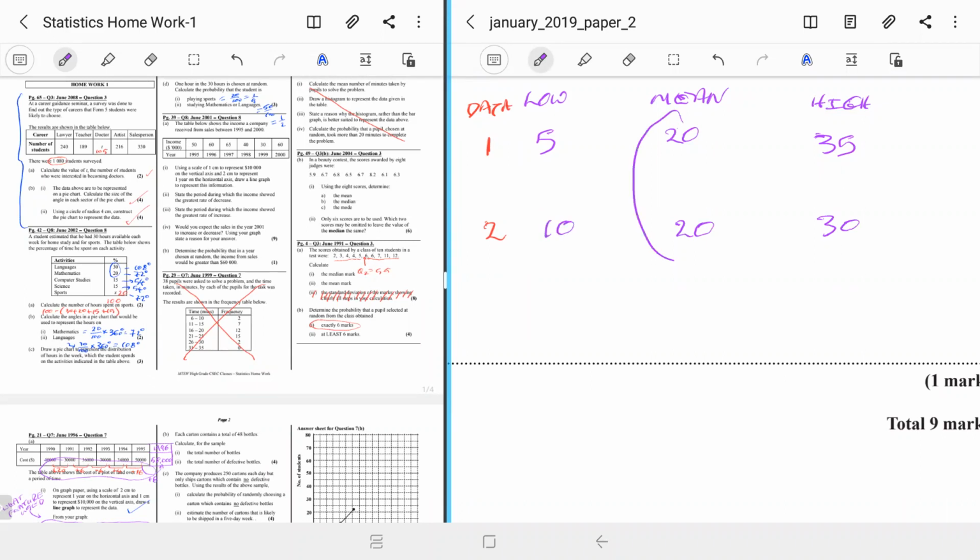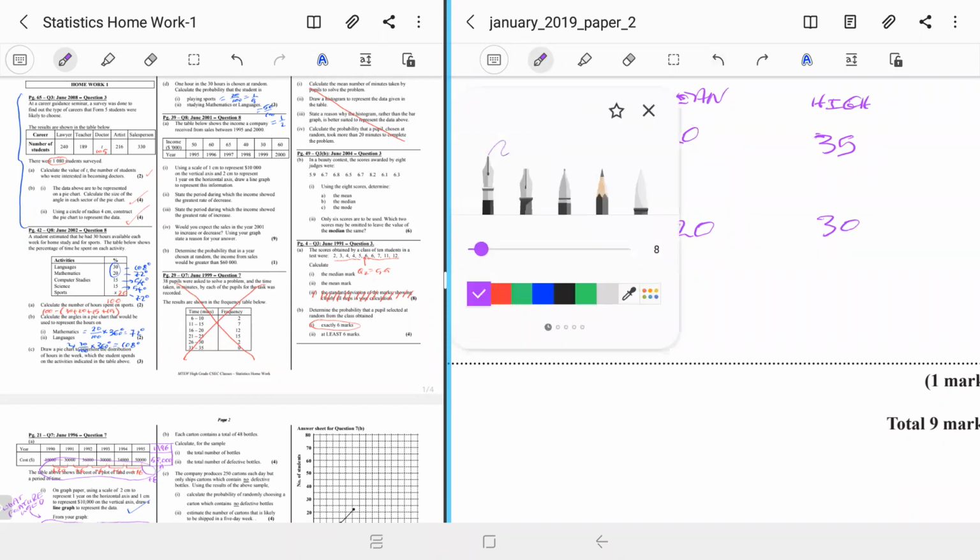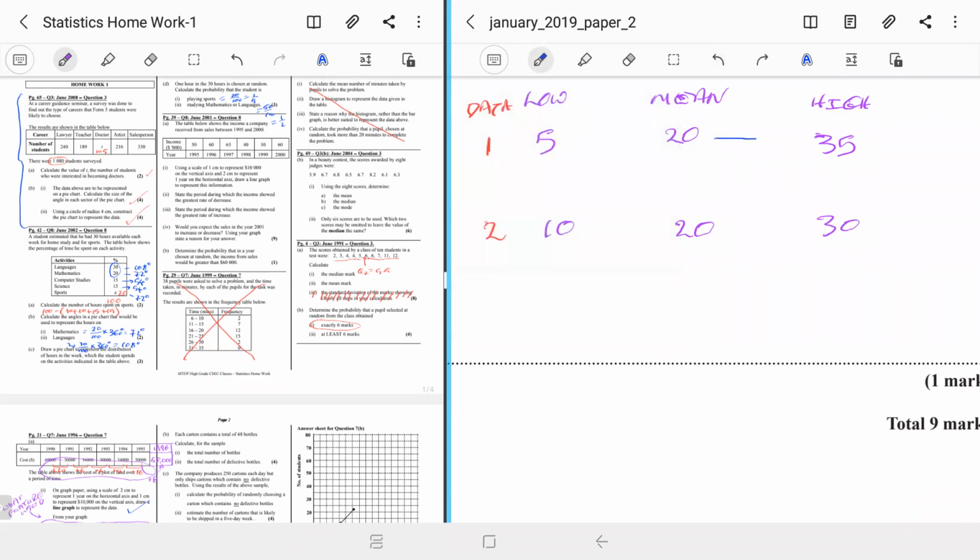So from the mean, the first set of data varies by positive 15 to 35 and down by negative 15 to 5. And for data 2, this one varies by a positive 10 to 30 and down by negative 10 to 10.